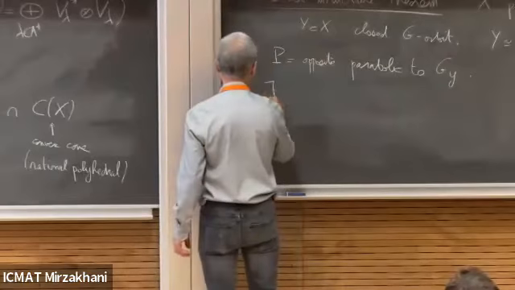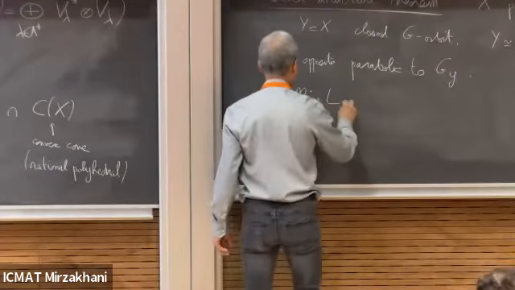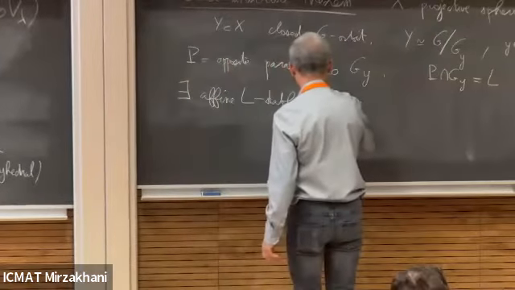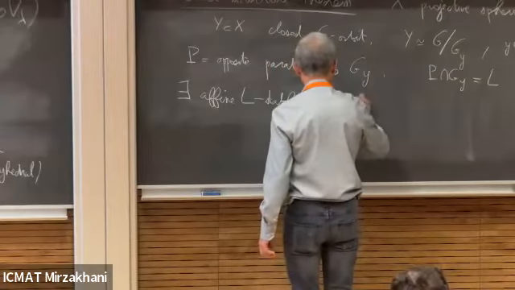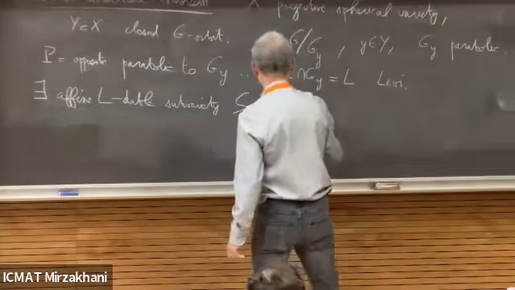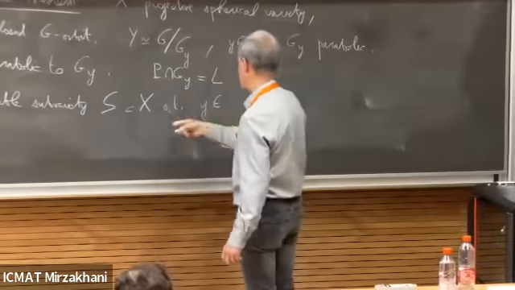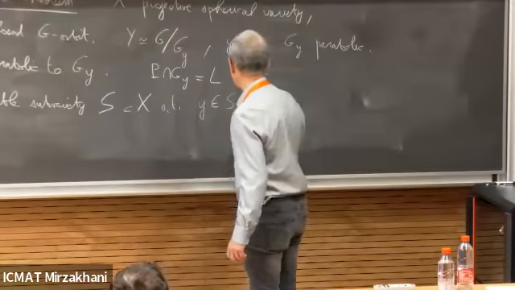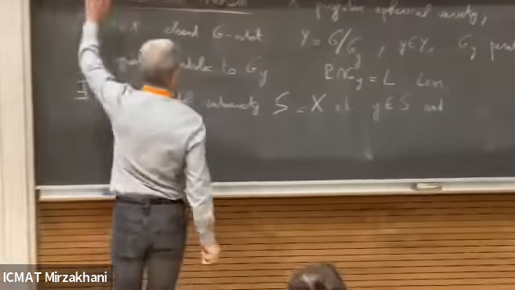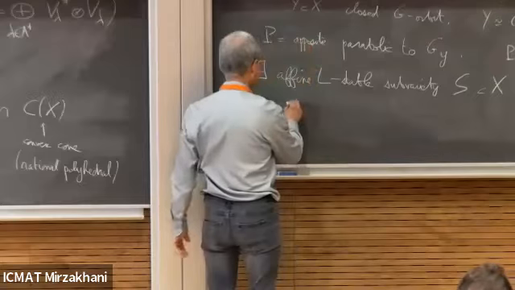Now the statement of the theorem is the following. There exists an affine N-stable subvariety S in X that goes through this base point Y, and it describes the structure of X along Y in the following way.